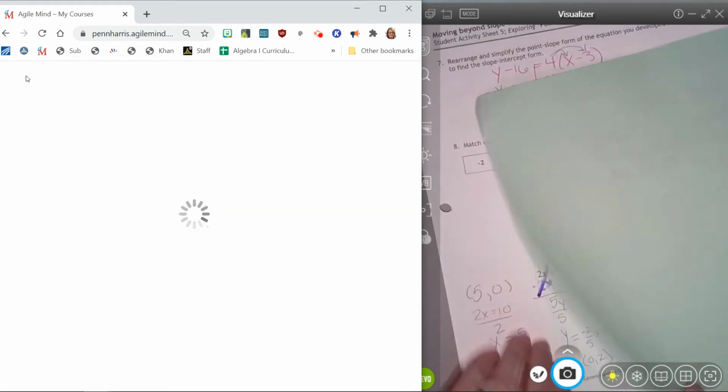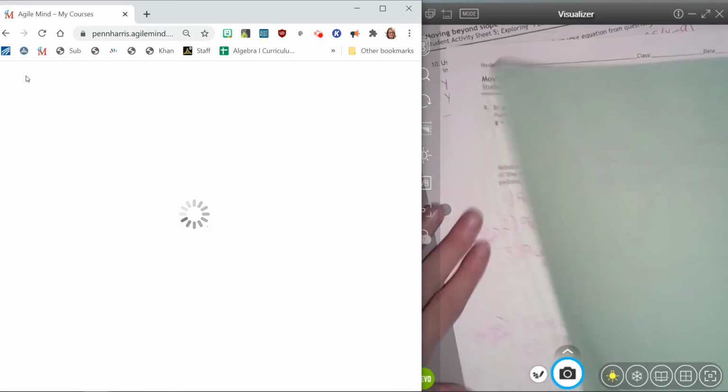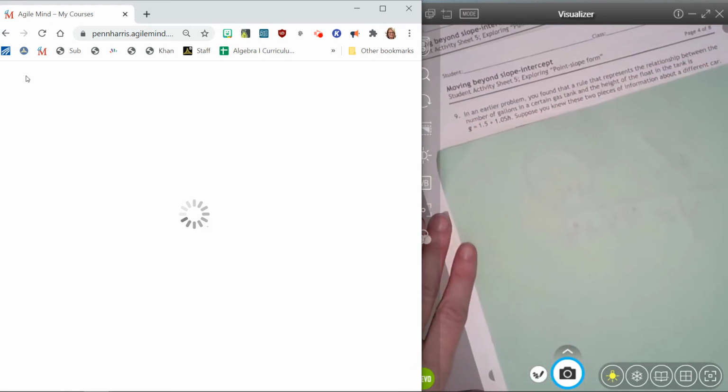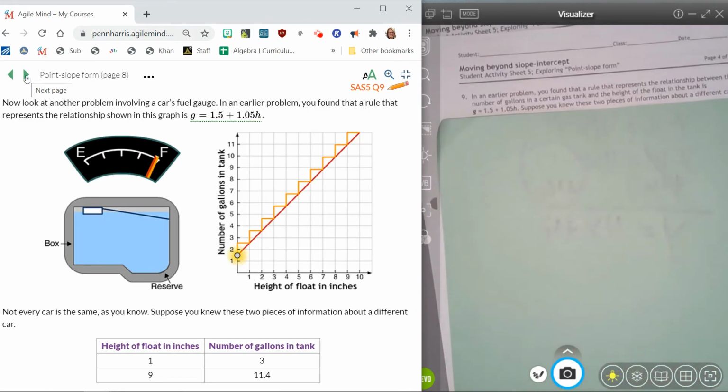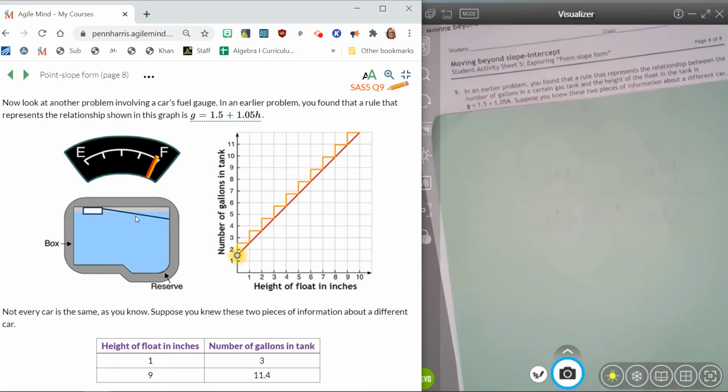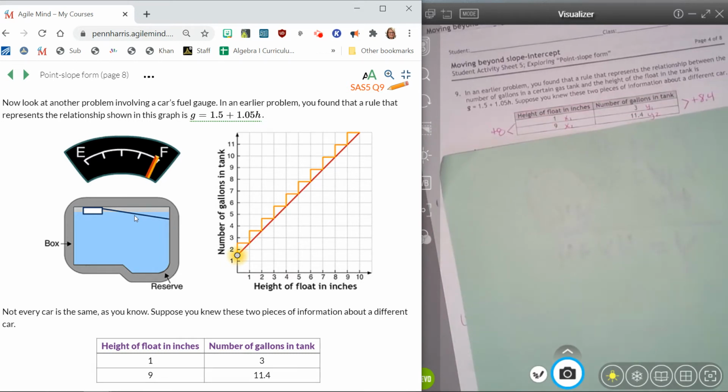Going on. So in an earlier problem, we had a rule that we had talked about with our gas tank in the reserve. Okay? So suppose we knew this information about a different car.